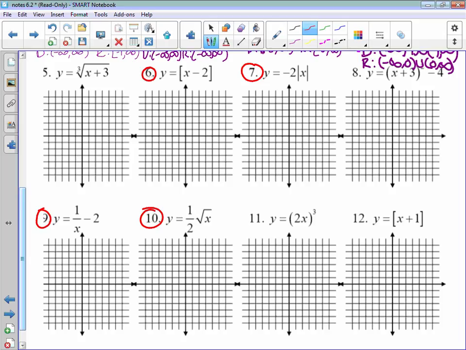Down. This one over. Yeah, that's it. And then just follow the patterns in there. Just set that mark over.